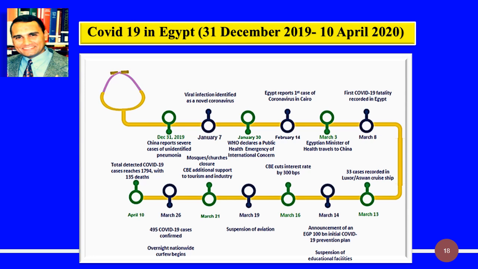Overnight, a nationwide embargo was reported. On the 10th of April, total detected COVID-19 cases reached 1,794 with 135 deaths. This is a descriptive epidemiology of COVID-19 in Egypt between December 31 and April 2020.